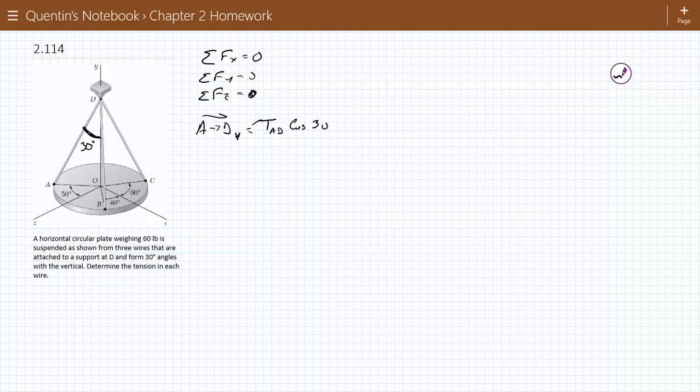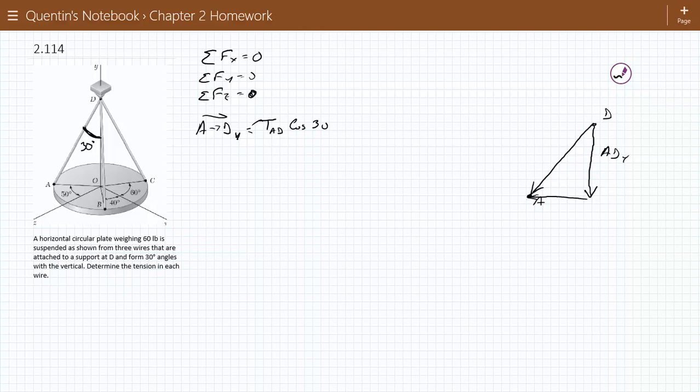Because I'm going to try to draw this over here, you have this force coming down here from D to A, right? And we're looking for this component of it. So this is AD in the y. And what is this right here?